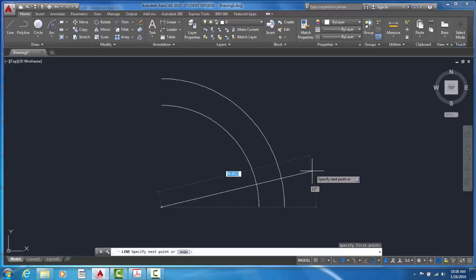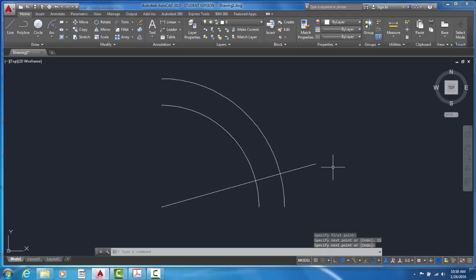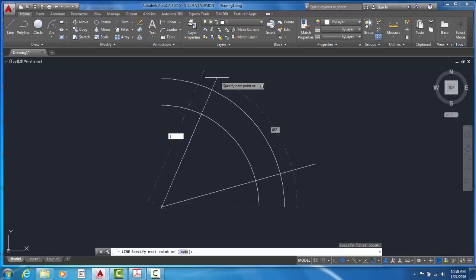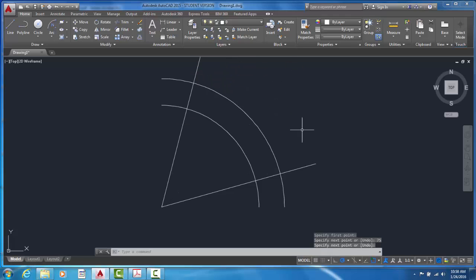We'll make it 100 at an angle of 15. I'll draw my other line. Length of 100, angle 75. Note that I could have just as easily used the rotate command to rotate this line and create this line.